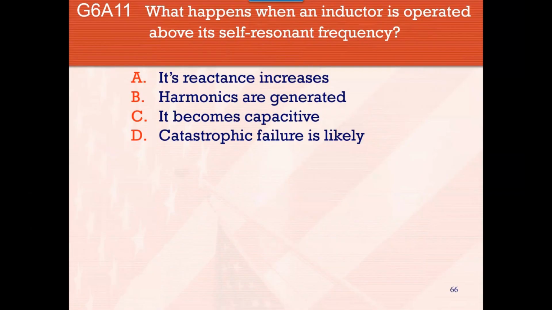And the reason for that is the coils of the wire no longer are able to charge and discharge with the inductance, but instead the turns between the coils on the inductor pick up capacitance, and it acts like a capacitor instead of an inductor. So there, of course, if you're engineering, you calculate all those things so it doesn't happen. But the idea is that when you pass the self-resonant frequency, it becomes capacitive. It acts more like a capacitor than an inductor.